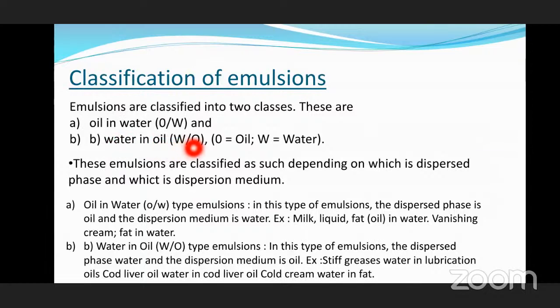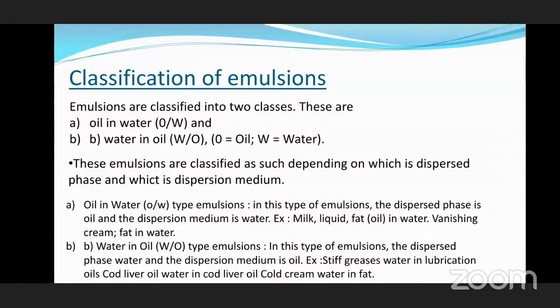O indicates oil, the first letter of oil, and W is the first letter of water. These emulsions are classified depending on which is the dispersed phase and which is the dispersion medium.